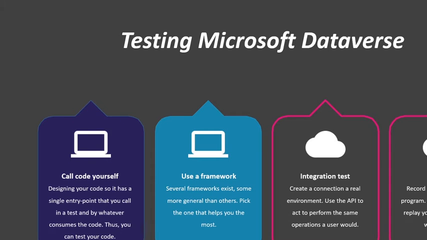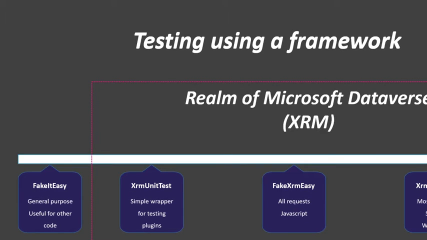So of course we will pick the one that is most powerful on our local machine. So of course we will pick a framework. And like I said before, there are tons of options. So if we look into the C# community in general, there is this thing called FakeItEasy, that is used for general purpose mocking.